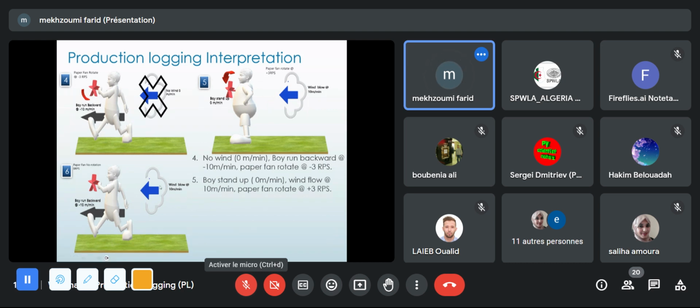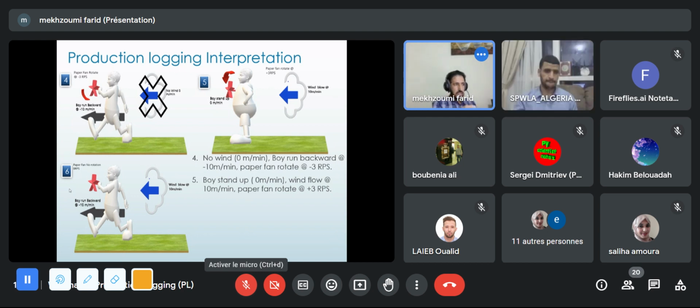Okay. So even here, if, for example, we don't know how much the airflow is, if the buoy runs with a speed and he is measuring his speed, he can deduce that if the paper fan stops rotating, it means he's running with the same speed as the airflow.